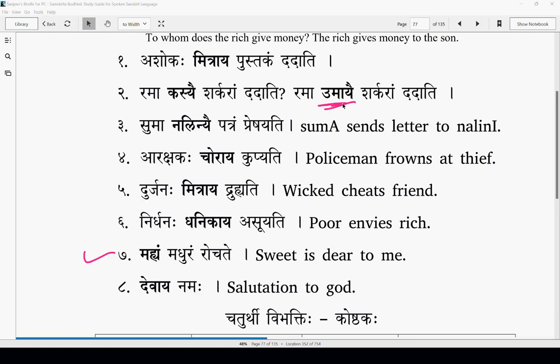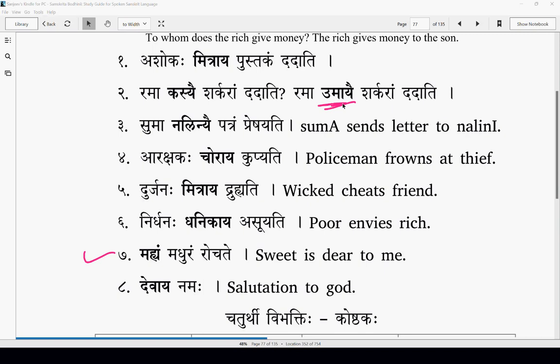So how do you want to say that in Sanskrit? Balakaya Madhuram Rochate. But if you try to literally translate it from English to Sanskrit, then it becomes messy. Boy likes sweet.